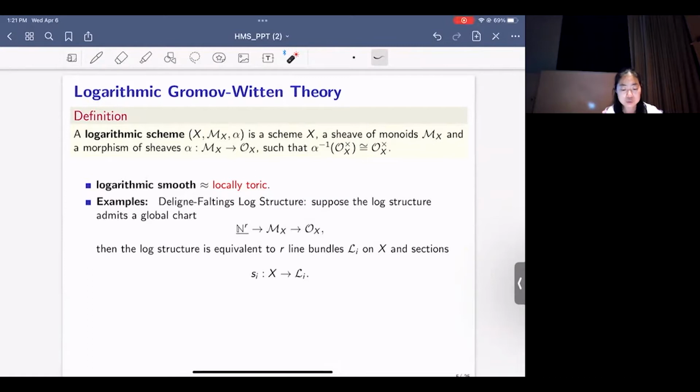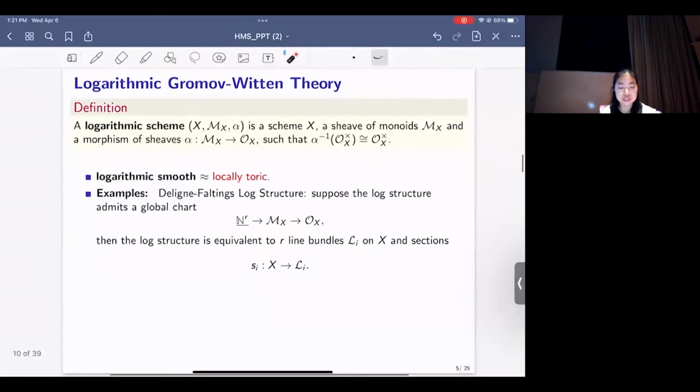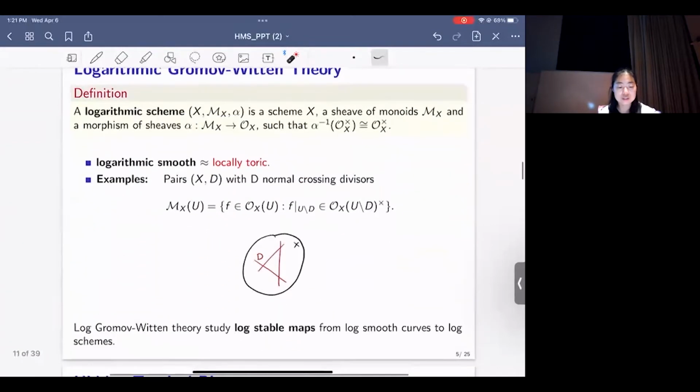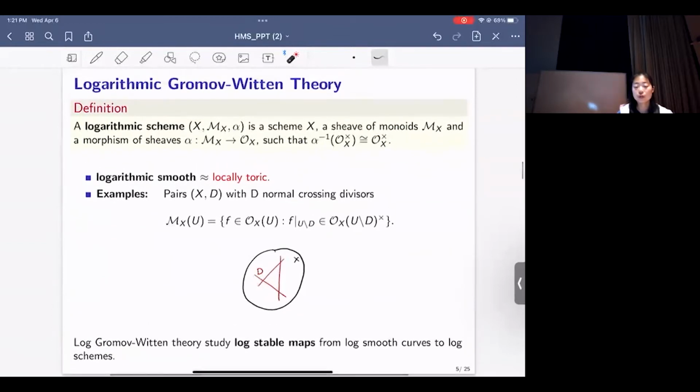Suppose I have a global chart of the form N to the r maps to this, and the push out of this chart gives me the log structure on my X. This information is equivalent to choosing r line bundles on X together with a section for each line bundle.